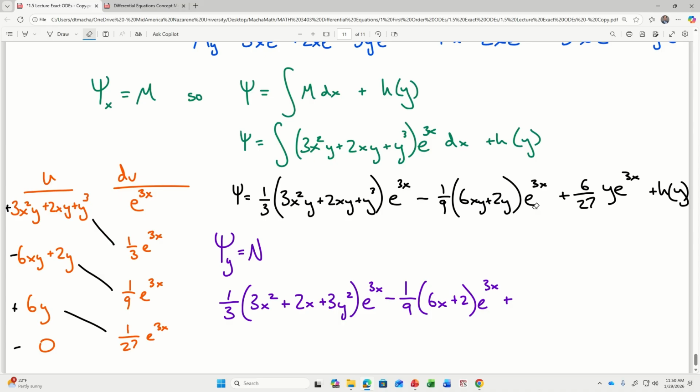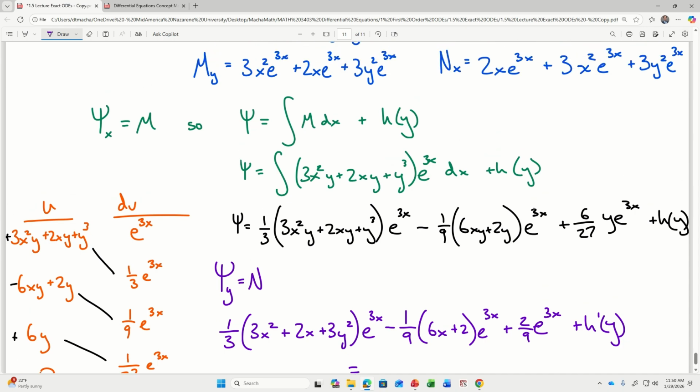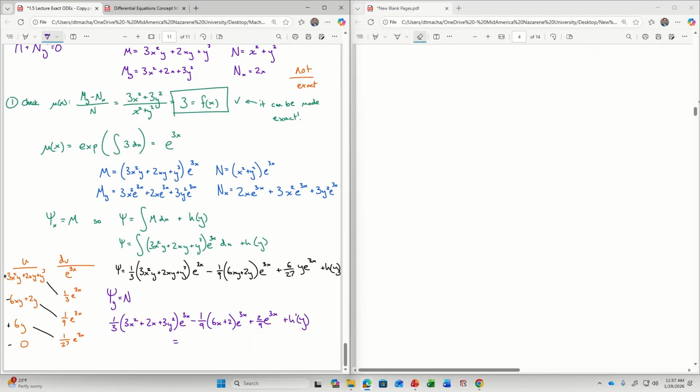What is 6/27? 2/9 e to the 3x plus h prime of y. And that has to be equal to n. And n is x squared plus y squared e to the 3x.